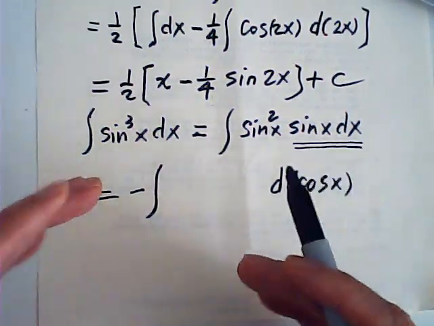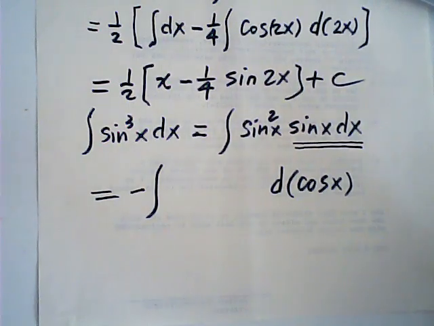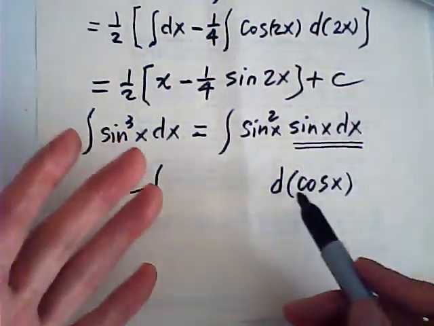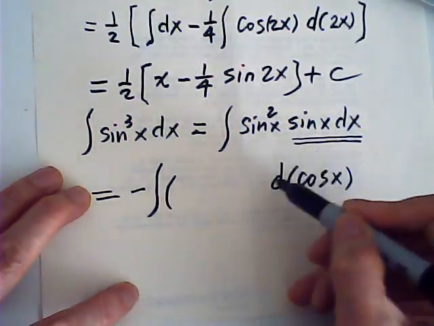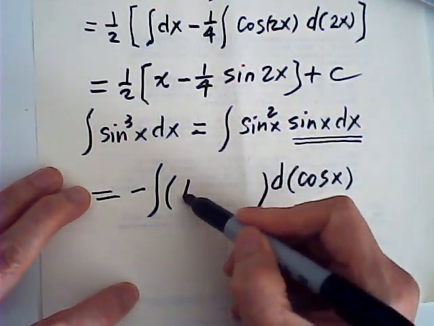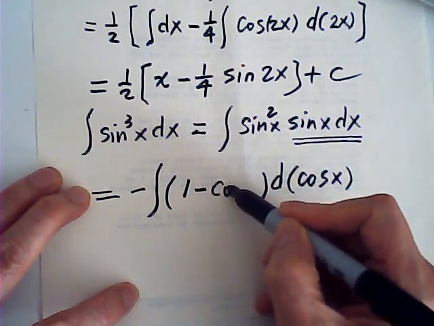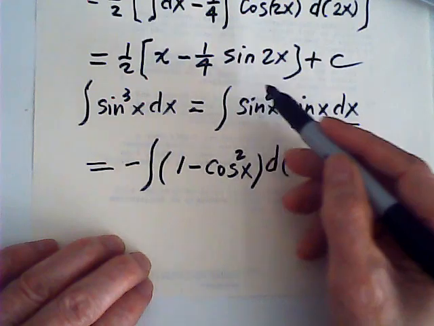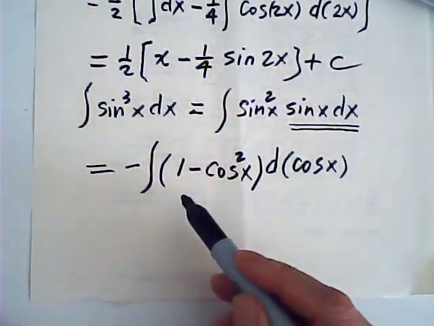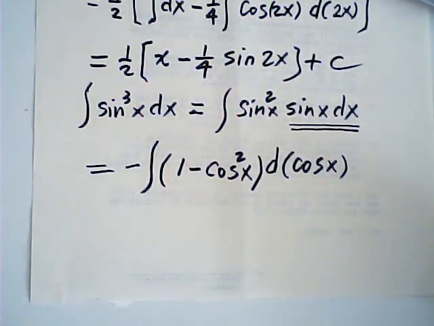If I could, I win. If I couldn't, then you have to do something else. Here, fortunately, I could. This becomes cosine square x, so I change the integrand function in terms of cosine.